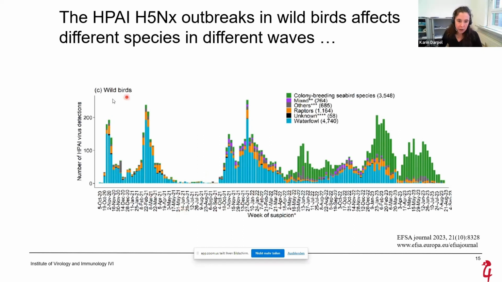So the early outbreak of the last few years in 2020-21 was very much happening in waterfowl. And in the last 2 years, 2022-2023, it has moved into colony breeding seabird species, mainly gulls at the moment.